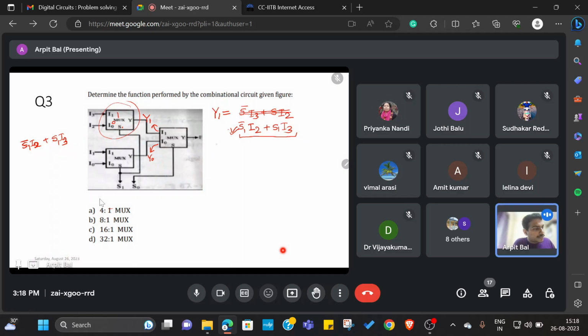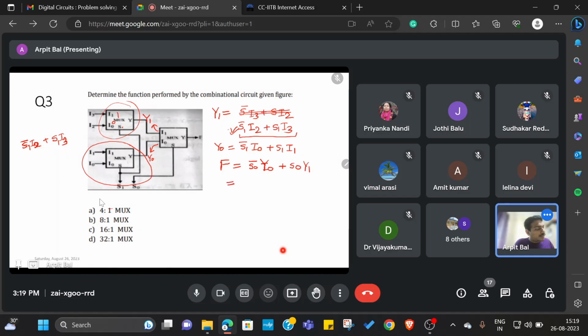Yeah. Okay. Similarly, for Y0, we can do the same thing here, right? So Y0 will be S1 bar I0 plus S1 I1. Then the final function f is presented as S0 bar Y0 plus S0 Y1.